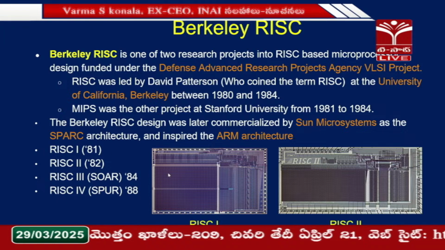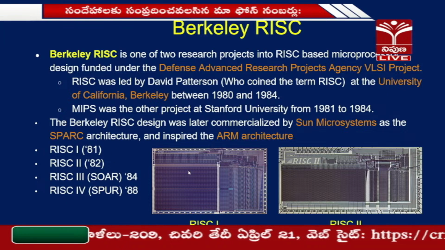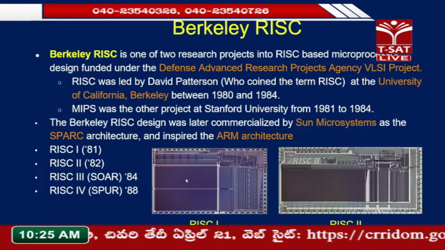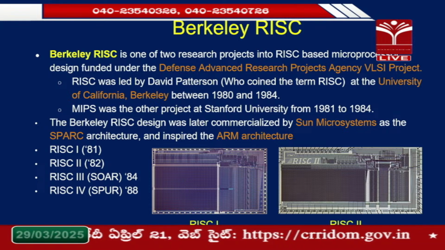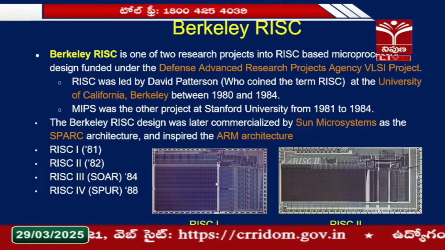When they got the very first chip back, the speedup was not as fast as they had expected. They had theoretical calculations that compared to other architectures, we can run this X faster. It was not that fast. But whenever you do something, the first attempt may not give you all the results.